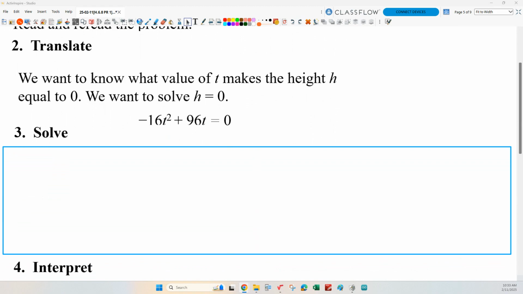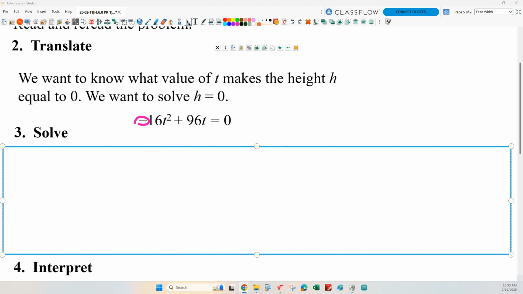So what do we do to solve this thing? What is the GCF? 16. Okay, what's the sign of the GCF going to be? It's negative, right? Because remember what we said a while ago when we were talking about GCFs: the GCF always inherits the sign of the leading term. So if the leading term is negative, we want to make our GCF negative.